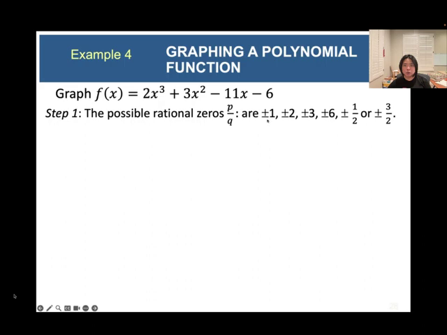And then you're going to pick some easy numbers, like positive 1 or negative 1 or positive 2 or negative 2. You could plug it in, use your calculator to see if you got the zero, or you can use synthetic division. So let's try x equal to 2. Use synthetic division to see if you get 0 for the remainder.